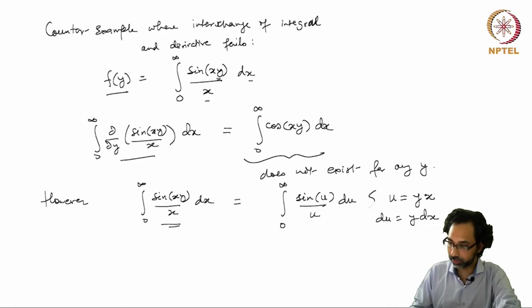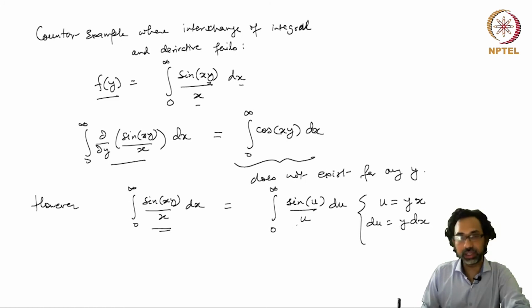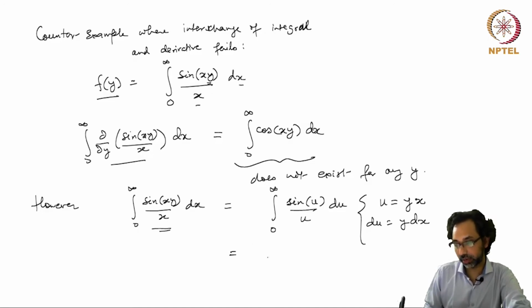After this change of variables from x to u, we get this integral sin(u)/u du, and we will see later that this is in fact a convergent integral. It exists as an improper Riemann integral, and one can show that this value is pi/2, and we will show this later using Laplace transform techniques.